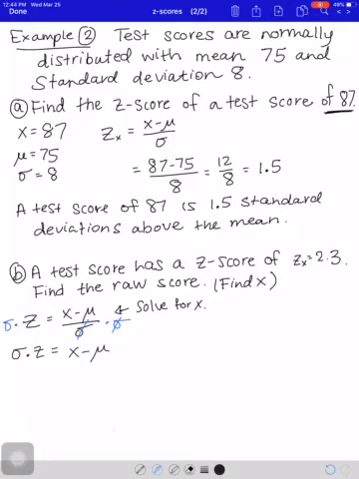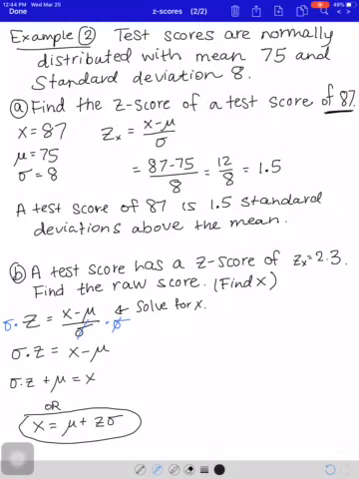Now to finish solving for x, all I have to do is add mu to both sides. So I'll have sigma times z plus mu is equal to x. Or, if you like, a nicer way to write it: x is equal to mu plus z times sigma.